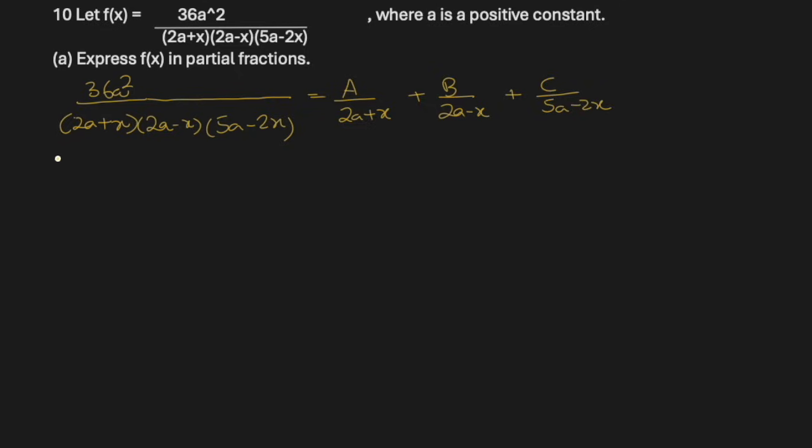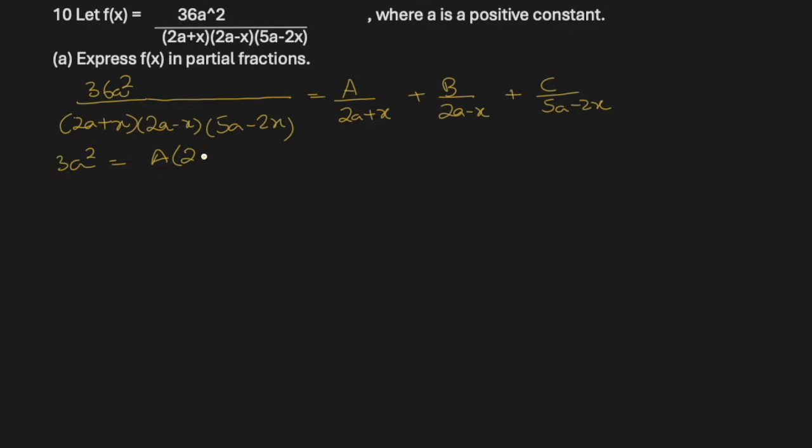Because the denominators will be the same if I take the LCM, I'll just focus on the numerator. For making the same denominator, A has to multiply with 2a minus x and 5a minus 2x.